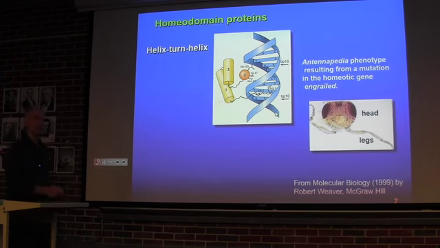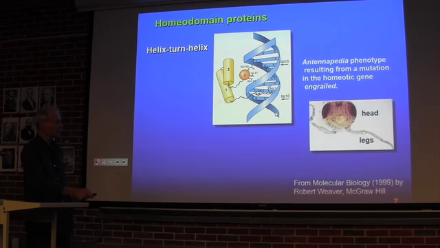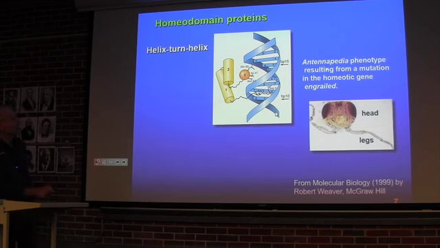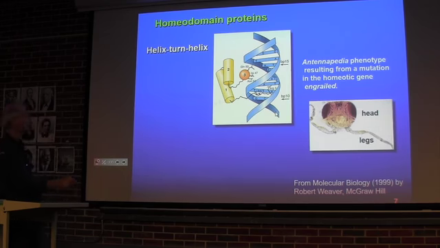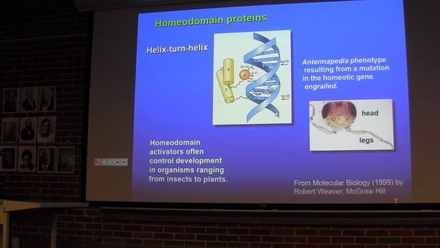That is so awkward, with the legs coming out of the head. Antennapedia. You got feet where your antennae should be. Homeotic genes, helix, turn, helix. It's an example of activators that control development from insects to plants.